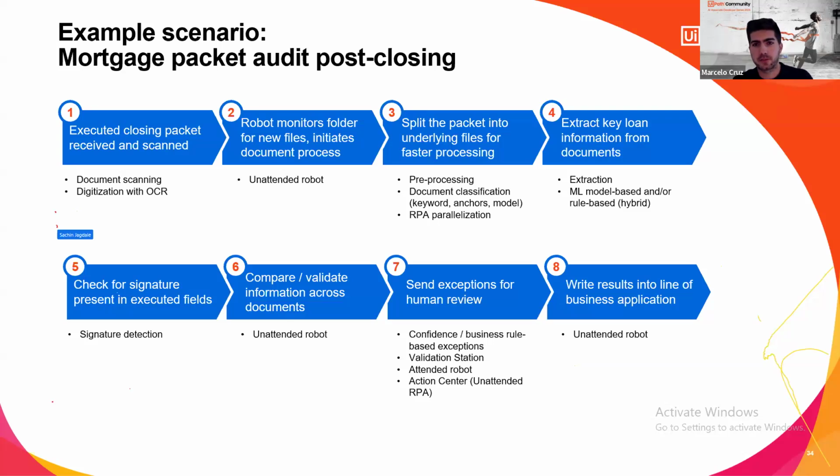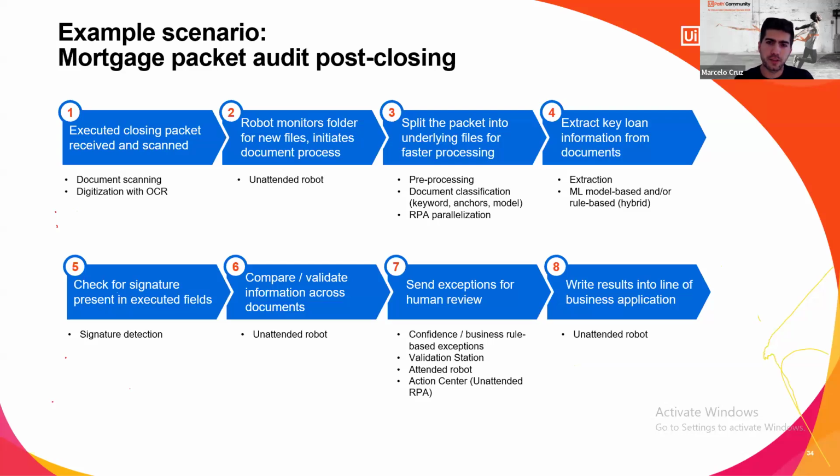Then we have the step of splitting the packet into underlying files, because from this packet we'll have multiple components such as contracts and loan agreements. We can split these packets into individual components with the usage of classification.